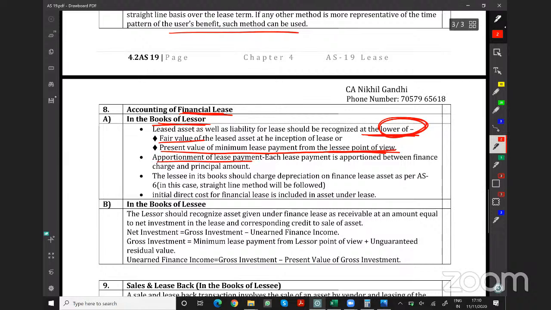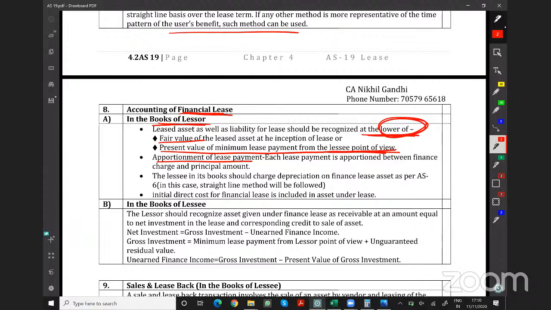Apportionment of the lease payment. See, basically the thing is, I have purchased this for 50,000. I have given it to my brother, and my brother is paying me. So if you see legally, I am the owner, and if you remove the legal barrier, my brother is the actual owner, and I'm just the loan provider or the financier for him.